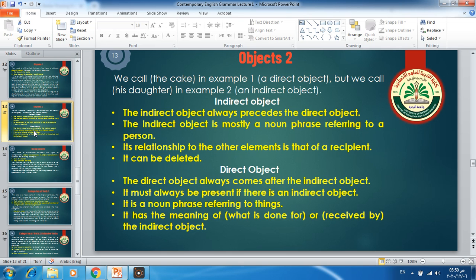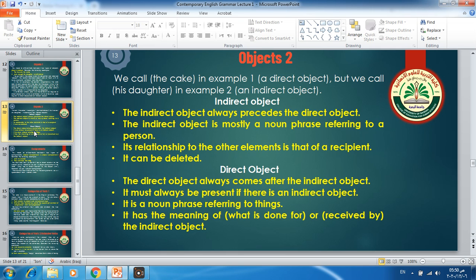It is mostly a noun phrase, and this noun phrase is used to refer to a person. Its relationship to the other elements is that of a recipient. So the indirect object is a recipient. Okay, it refers to the person who receives the direct object.